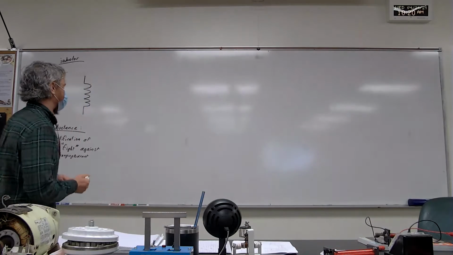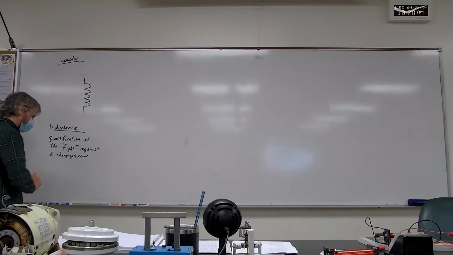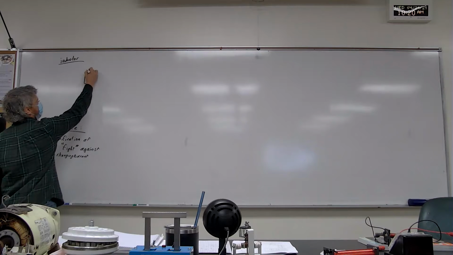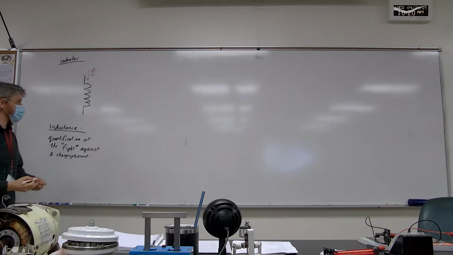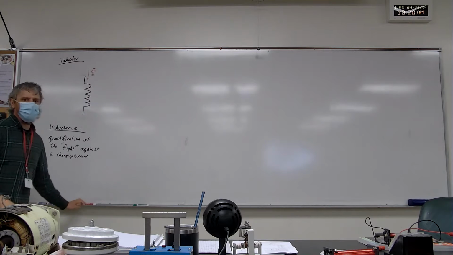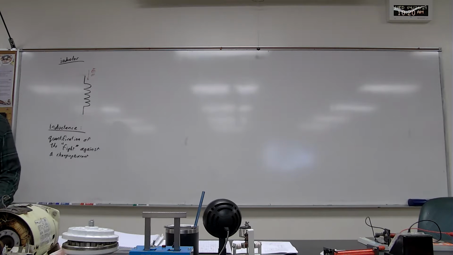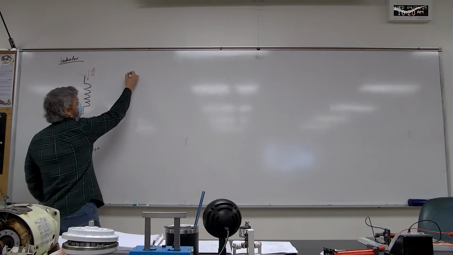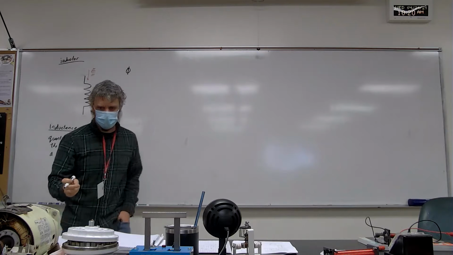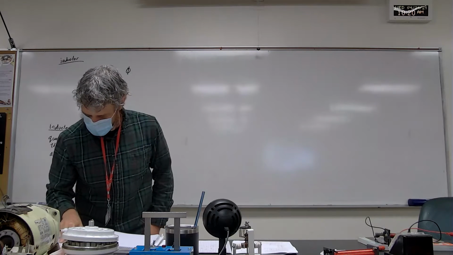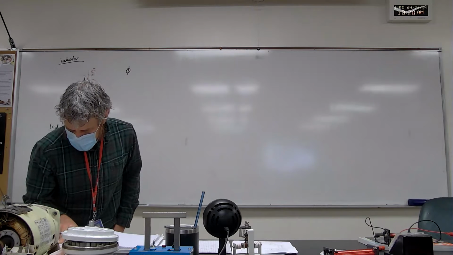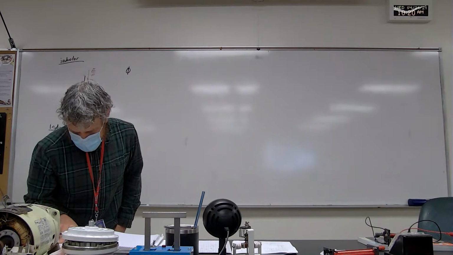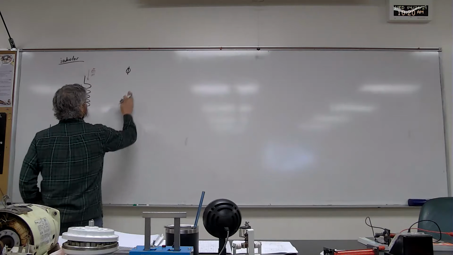Okay. Now it turns out that when you have an inductor and you have a changing current, which I'll call di dt, then there's going to be a changing magnetic flux, right? Sorry, I'm jumping ahead.